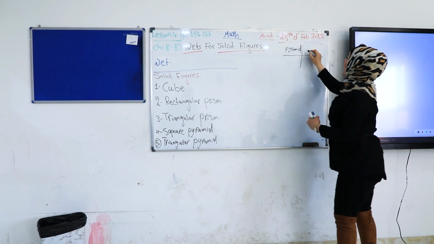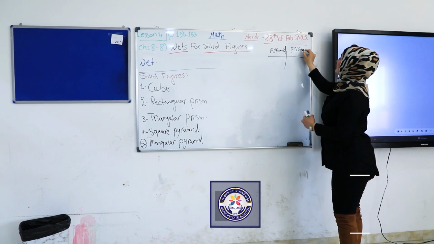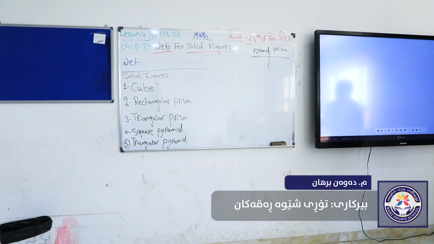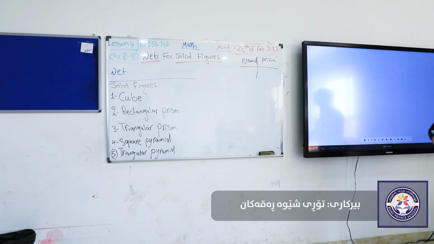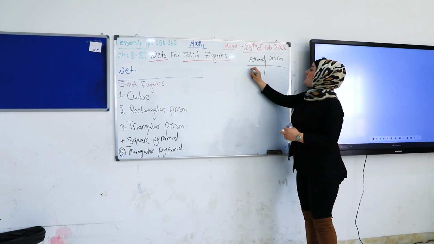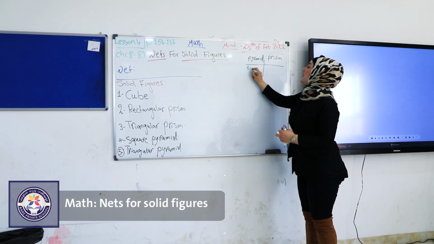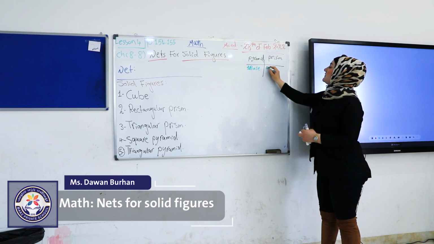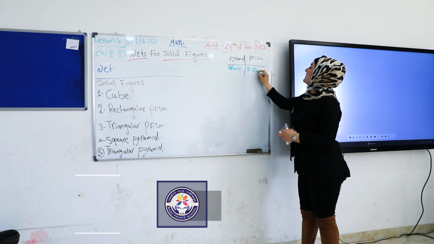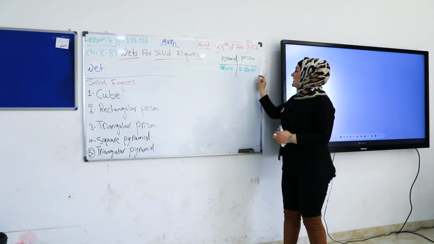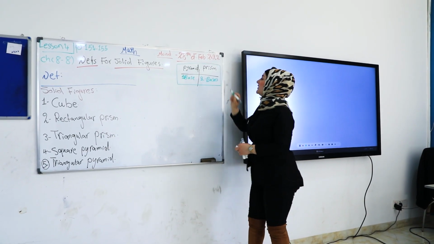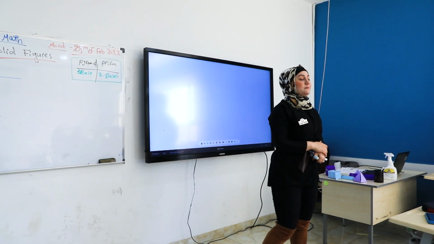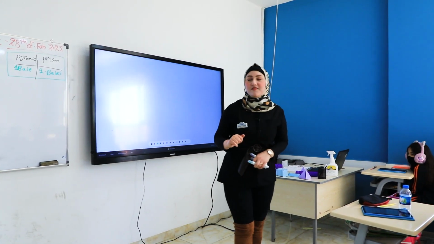What is the difference between pyramid and prism? Guys, in pyramid, you only have one base. In prism, two bases. This is the most popular point that makes a difference between the pyramid and the prism.